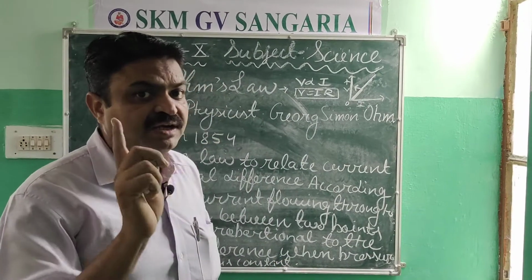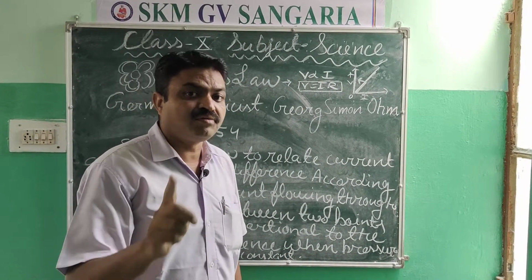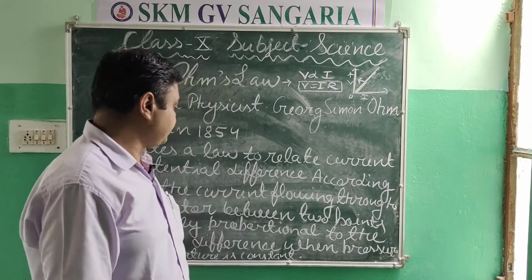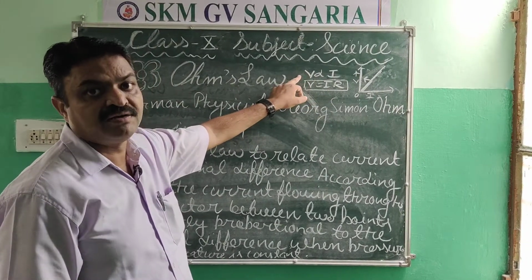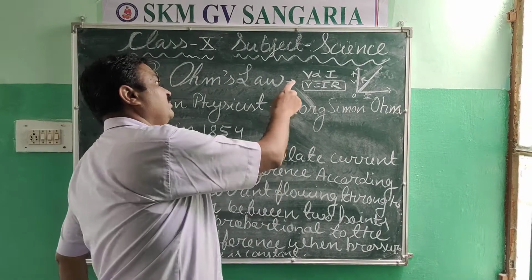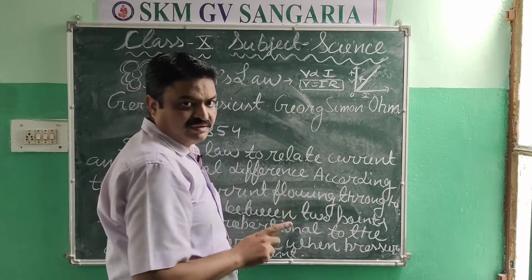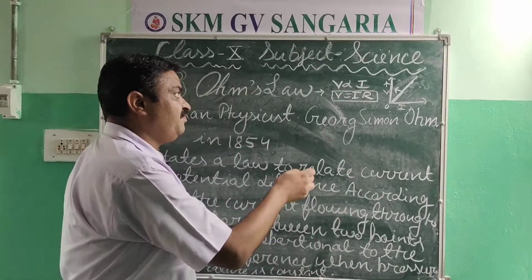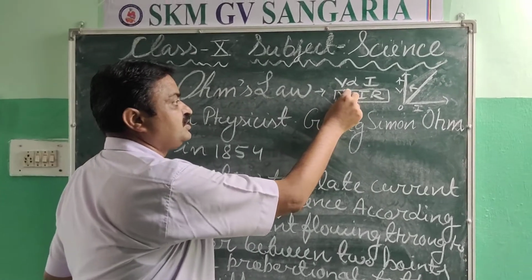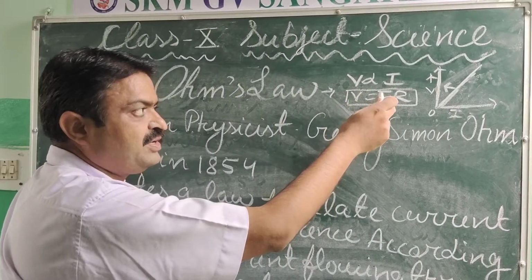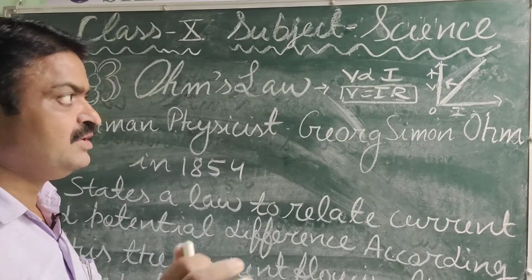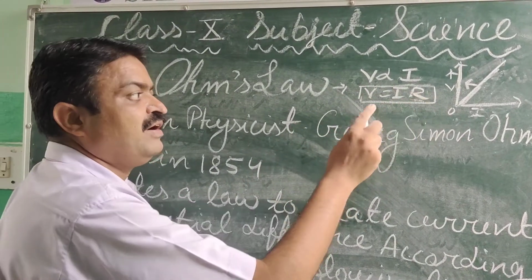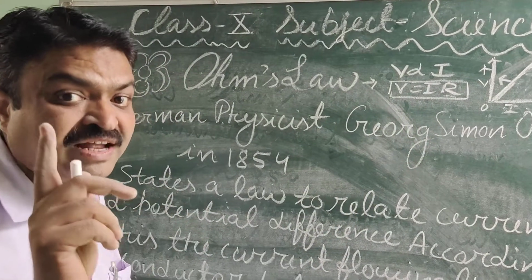So if the physical conditions remain constant, then electric current is directly proportional to the electric potential. If we remove this proportionality sign, then we take R as a constant. So what is R here? R here is resistance.